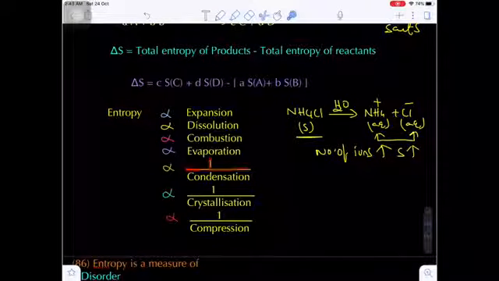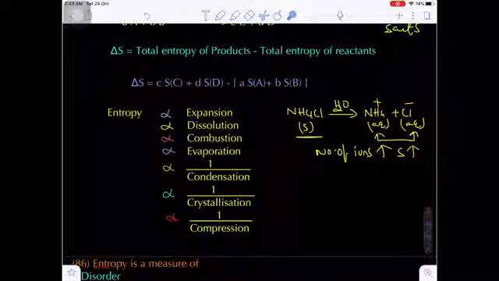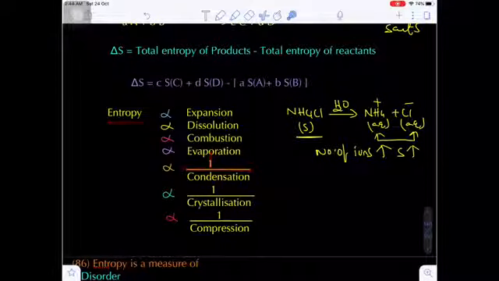Now condensation, that is the reverse of evaporation. During condensation, what happens? The vapor will undergo condensation to give liquid. In the vapor form there is more randomness, whereas in the liquid form the randomness decreases, entropy decreases. That's why entropy is inversely proportional to condensation, and entropy is inversely proportional to crystallization.